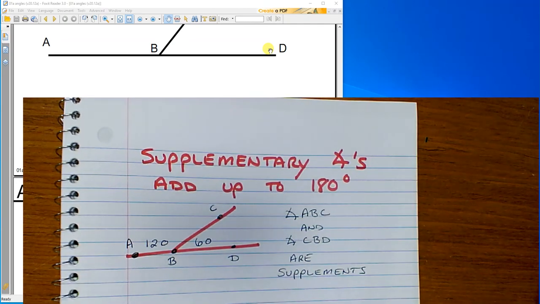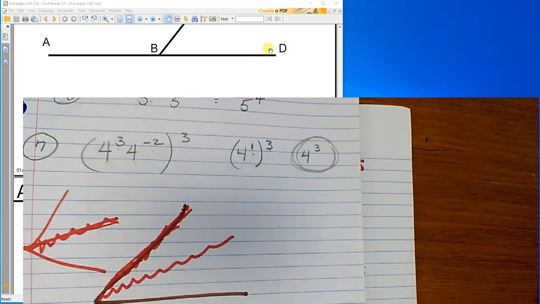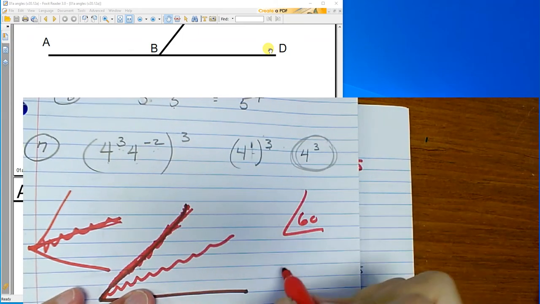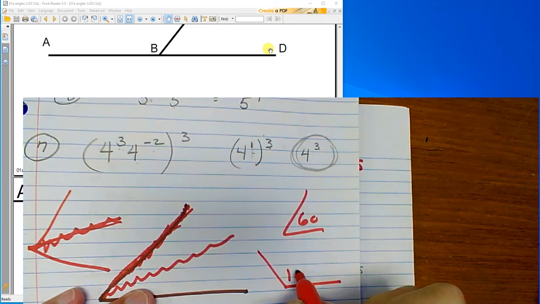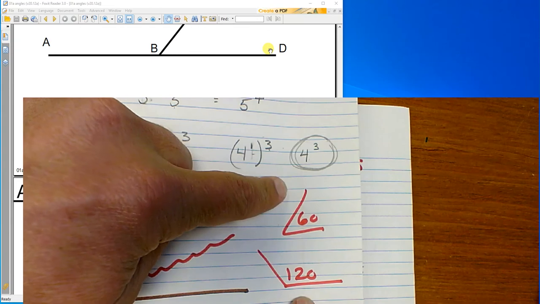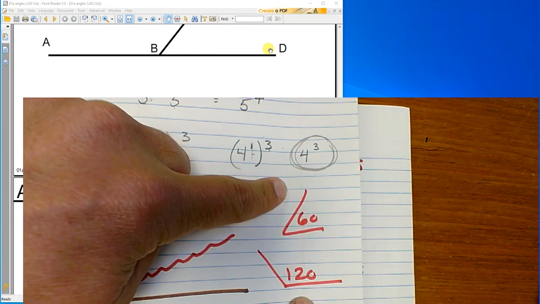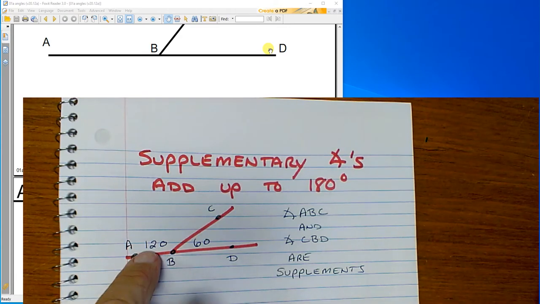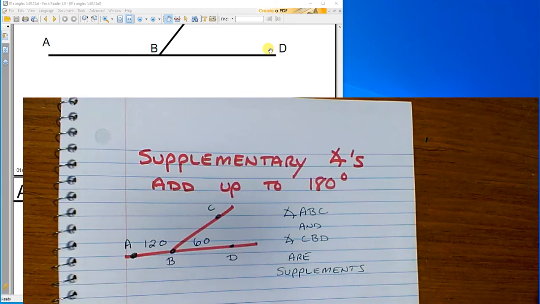And you don't have to put these into your notes, but I could have those exact same angles separated. If I had a 60 and a 120 and they were separated, they would still be considered supplements. Here I have them as a straight angle, a 60 and a 120. But you can have supplements either way.